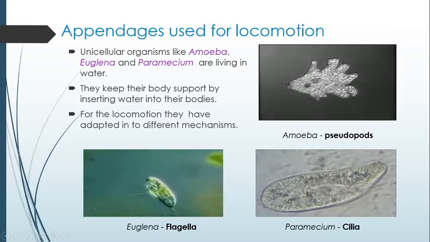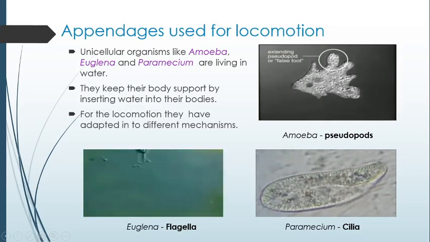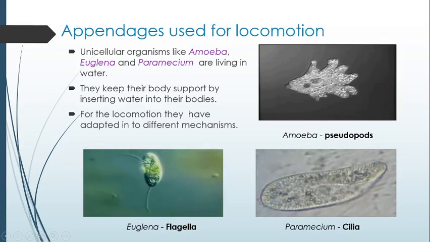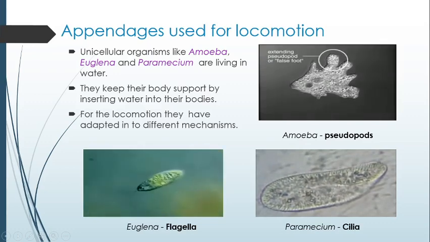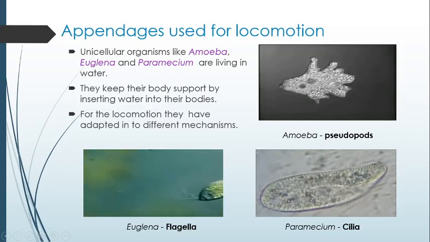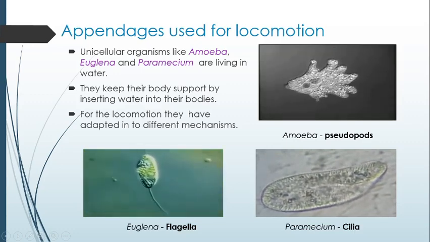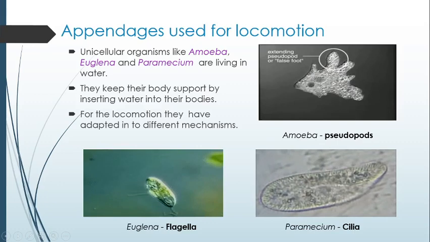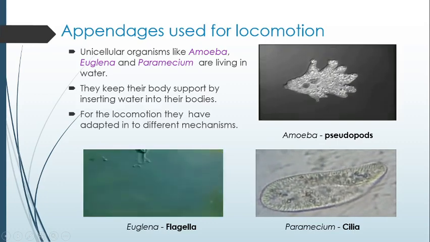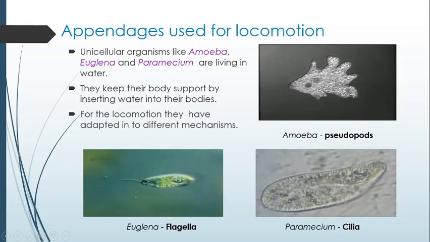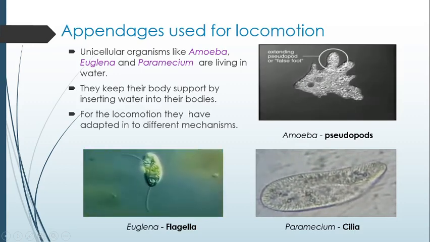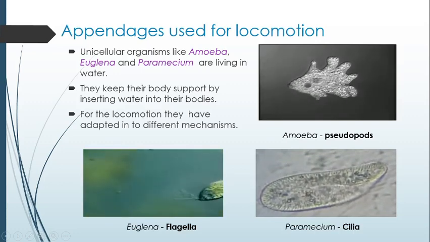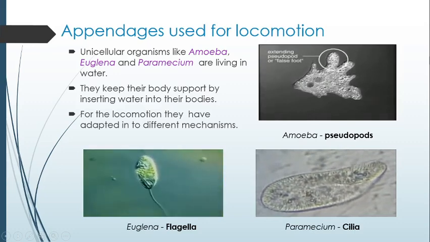First, let's examine some microorganisms, and the appendages used for locomotion by unicellular organisms. You can observe some of these unicellular organisms like amoeba, Paramecium and Euglena. Unicellular organisms like these mostly live in water. They keep their body shape and body support by taking water into their bodies.